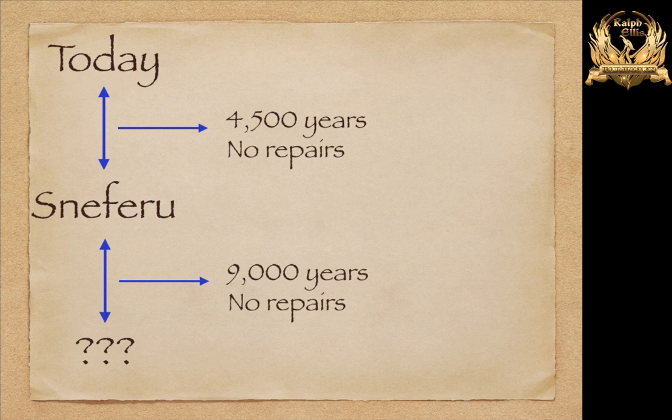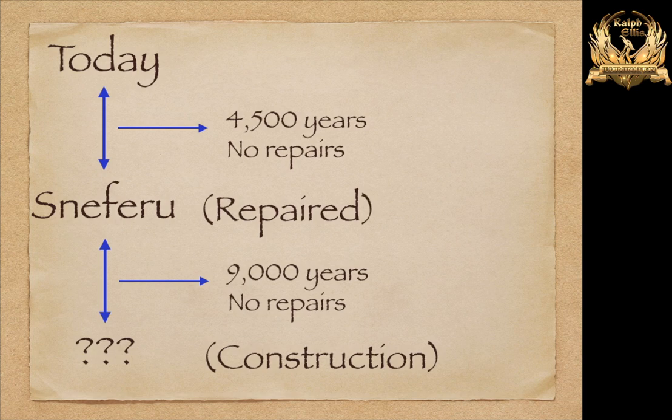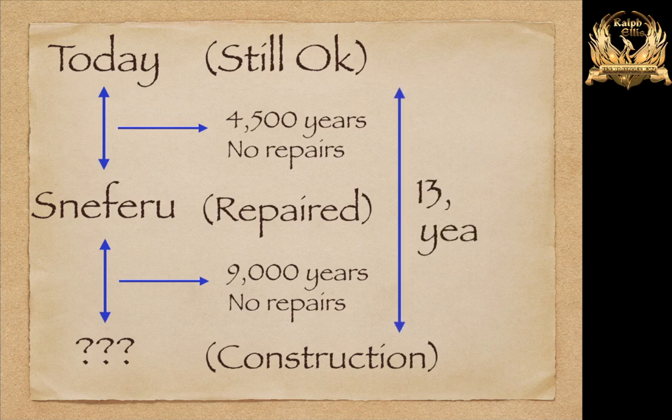So from its time of construction, it lasted for 9,000 years before it needed repairing. And then Snefru repaired it 4,500 years ago, and those repairs still look mostly okay even today. If that is the case, then this pyramid was built some 13,500 years ago. Again, much earlier than is classically given for these megalithic pyramids.